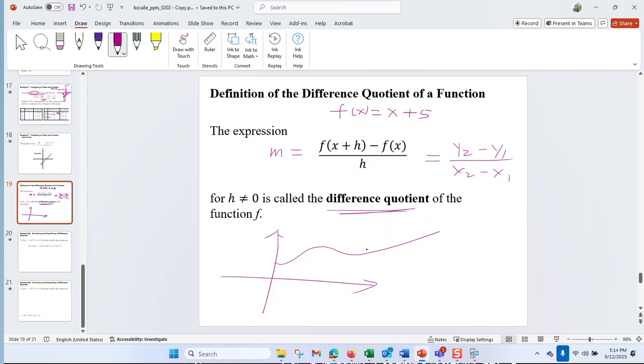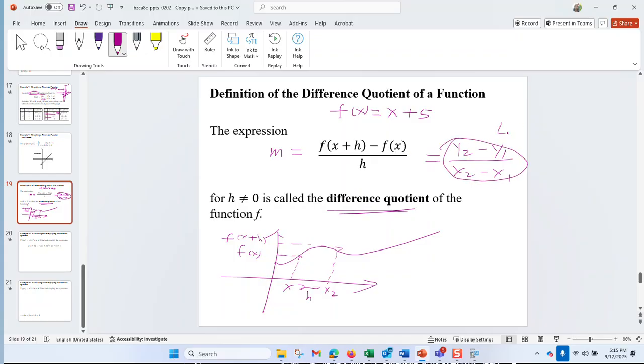And then if I have this one is x, and then I increase a little bit, this increase is h. I have an x2 right here, right? So this one will be f of x. All right, and then this one right here is f of x plus h, or f of x2. So basically, if I use this function, it can calculate any graph, not only a straight line, a linear.